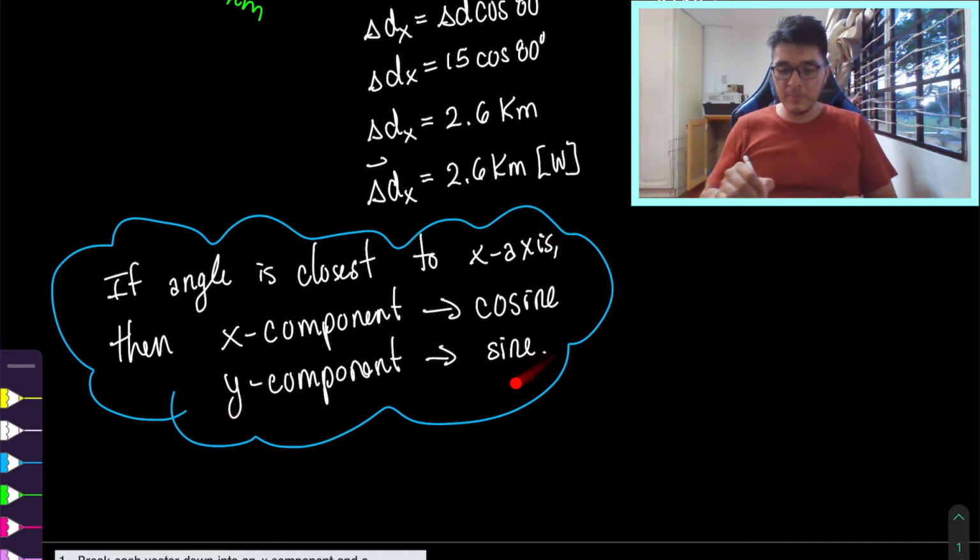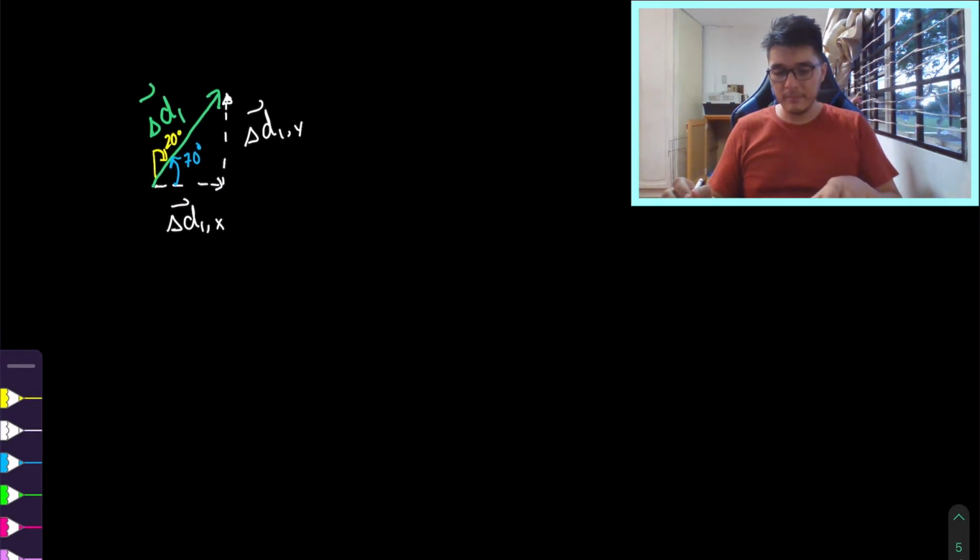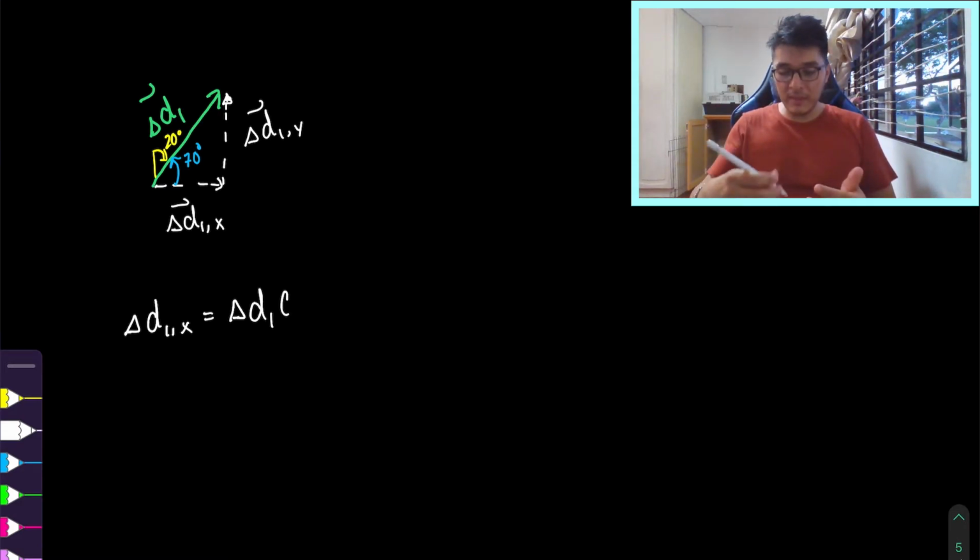So refer back to my previous video where we made this conclusion. This makes my life a lot easier because now I can write delta d1x is delta d1, and because I have the angle closest to the x-axis, it's going to be cosine of the angle 70.